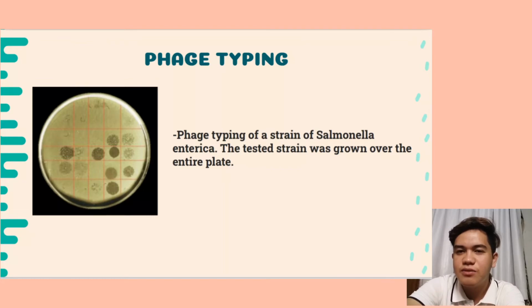Phage typing is most often used for the two common Salmonella types, S. enteritidis and S. typhimurium. But phage typing systems also exist for some other Salmonella serotypes and a few other bacteria. This method provides a rapid, accurate, and cheap way of investigating Salmonella strains for epidemiological use.